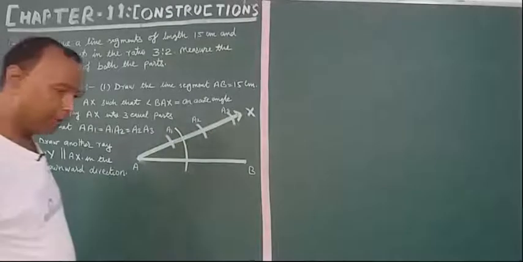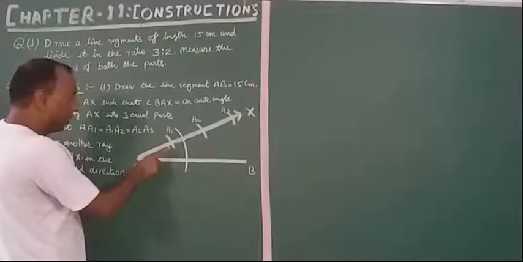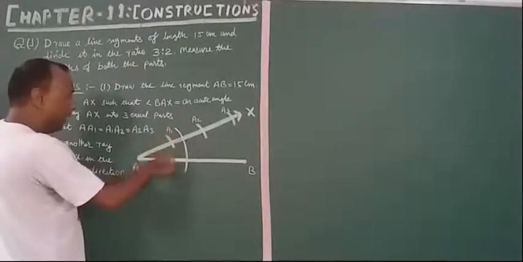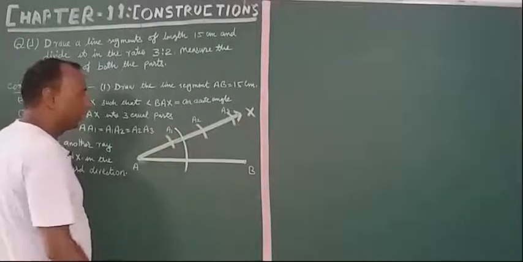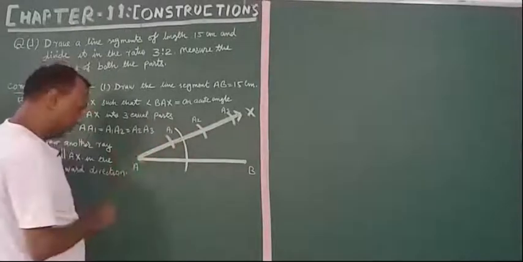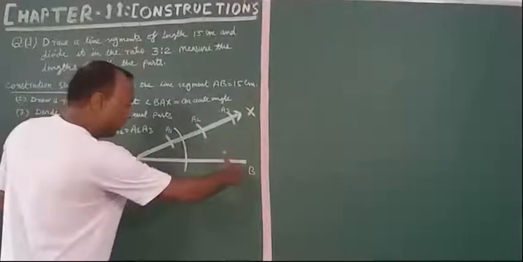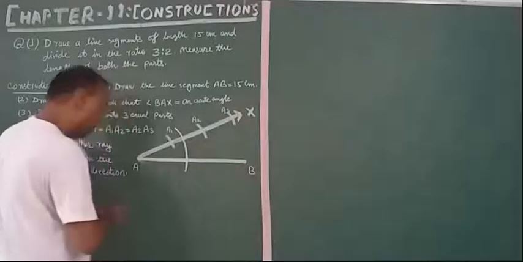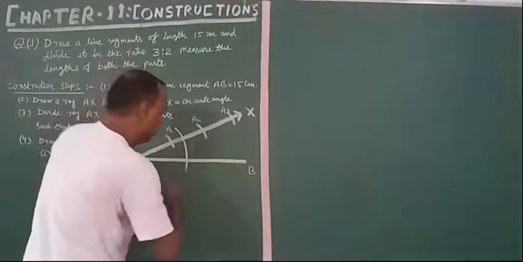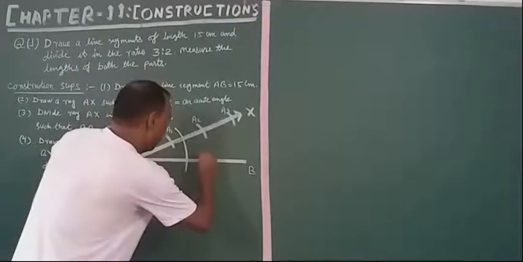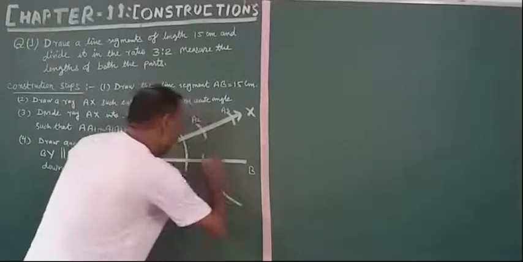And how will we do that? We will put the metal point of the compass here, choose a suitable radius and cut off an arc to intersect both the arms of the angle BAX. With the same radius we will put the metal point here and cut off this arc. In this way.